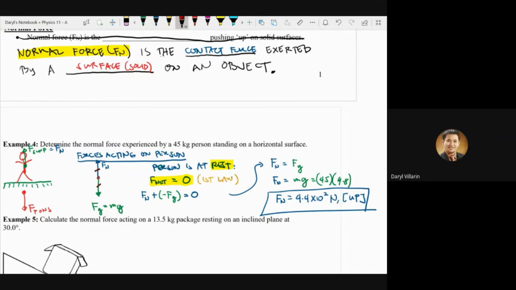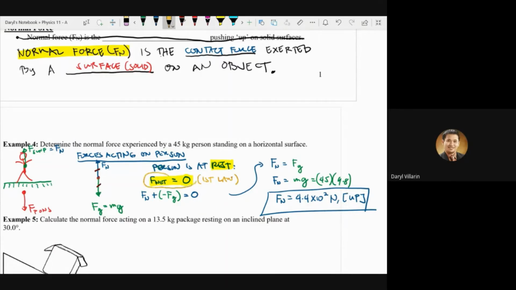But it's always good to start your solution, or practice your solution, this way. Because here, if the net force is equal to 0, it doesn't mean that you don't have any forces acting on the object. So that's what I'm trying to point out here.